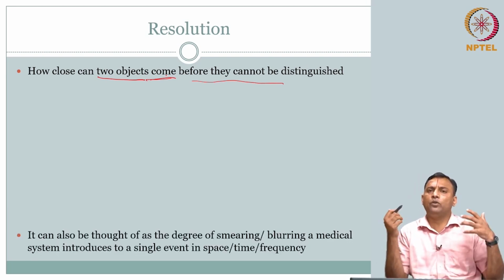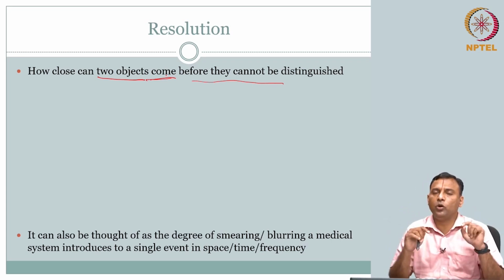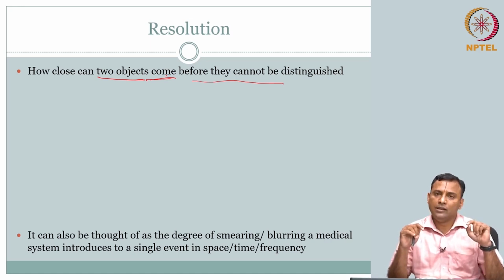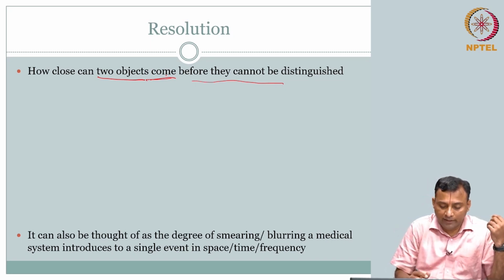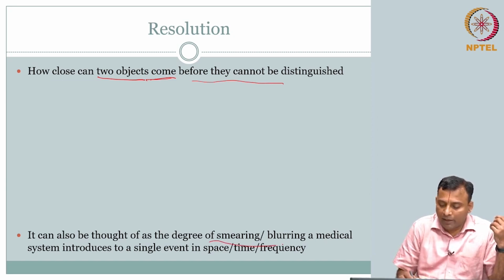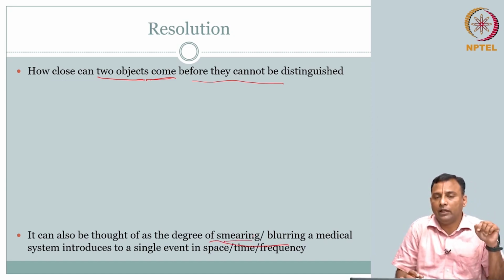Of course, another way to look at it: this is the brute force definition, resolving two objects when coming close together. But another way we have been using even in this class is when I showed you some images and we talked about blurring, or smearing. Smearing, I think we are using it for the first time in this course.